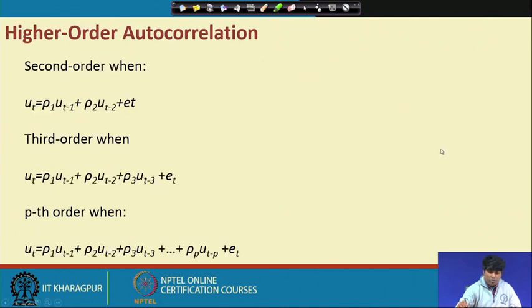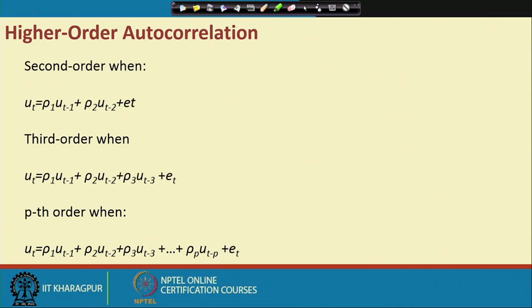We like to check what the actual structure is. There are second order, third order and pth order autocorrelation issues. That means the error term of a particular year depends upon the error terms of previous years, 1 lag, 2 lags, 3 lags and so on.